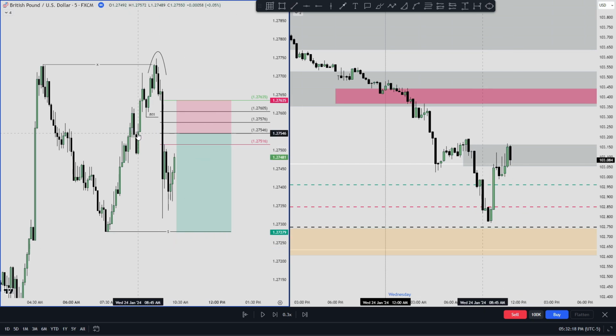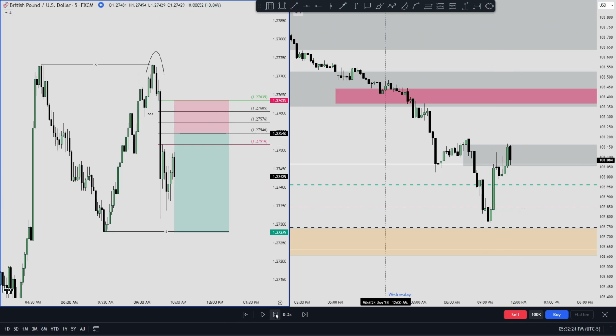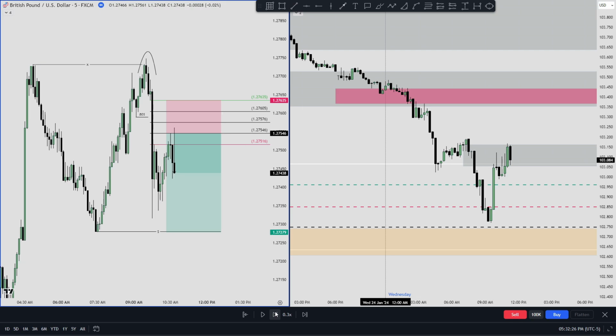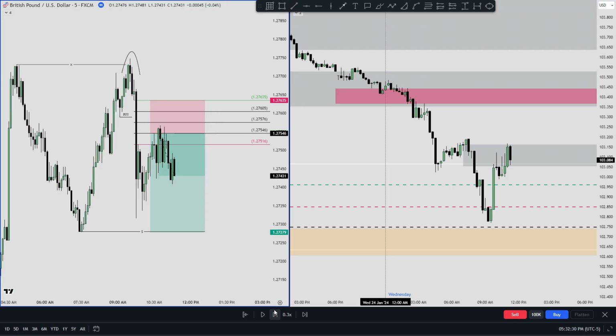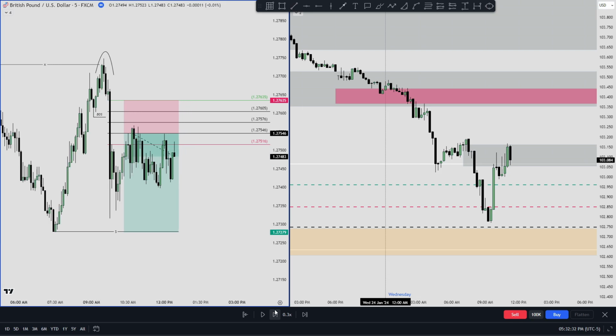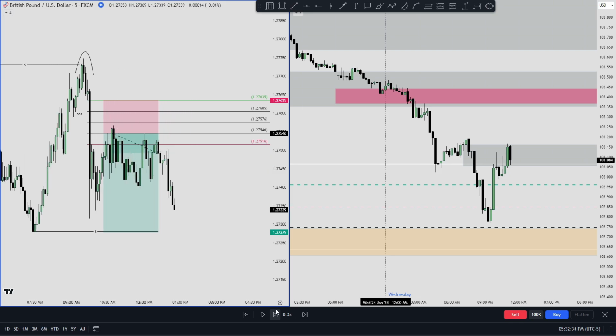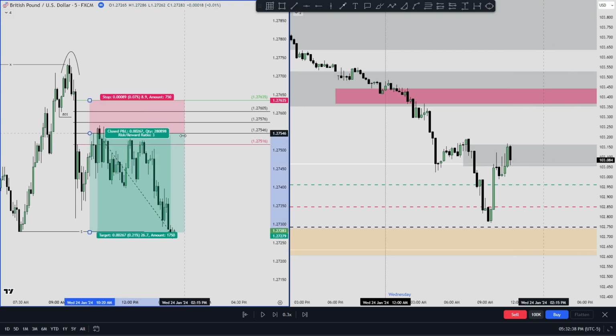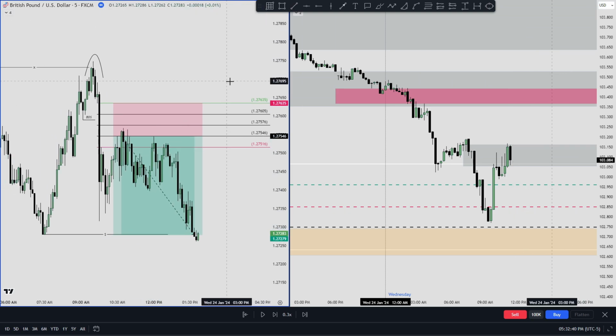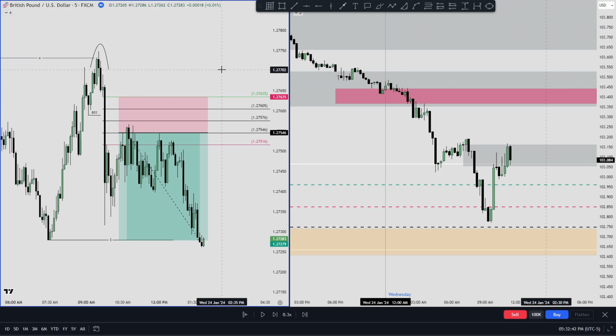We can put a limit order, or you can wait until price comes into this fair value gap, whatever you like. And then price eventually taps into our trade. Plays around for a bit, but it eventually gets down into our targeting for 1 to 3R.